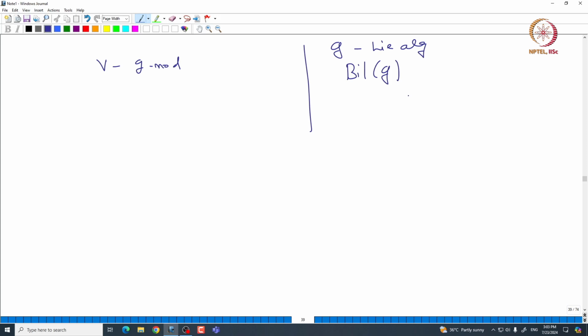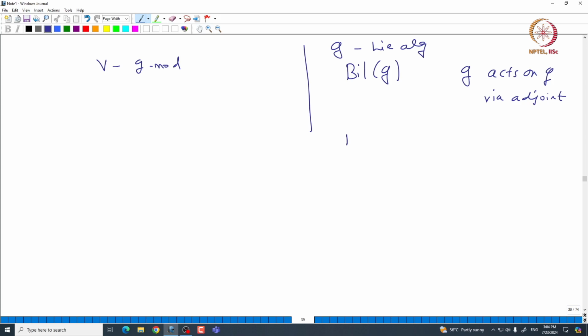Now if we take the adjoint representation, one can see that the invariance can be rewritten as follows. G acts on G via adjoint, so you want to think of G as a G module via the adjoint representation.